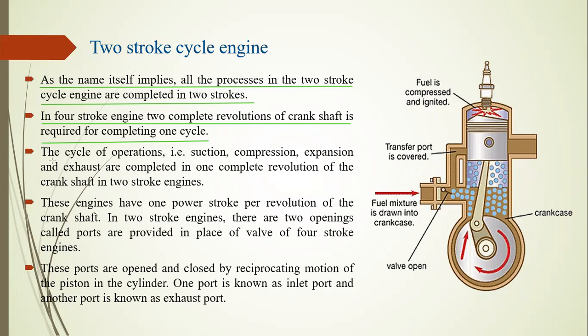It requires two strokes. The cycle operations of suction, compression, expansion, and exhaust are completed in one complete revolution of the crankshaft, in two strokes. The piston moves once downward and once upward. The piston moves only two times, but suction, compression, expansion, and exhaust are all completed, because the strokes happen in parallel.